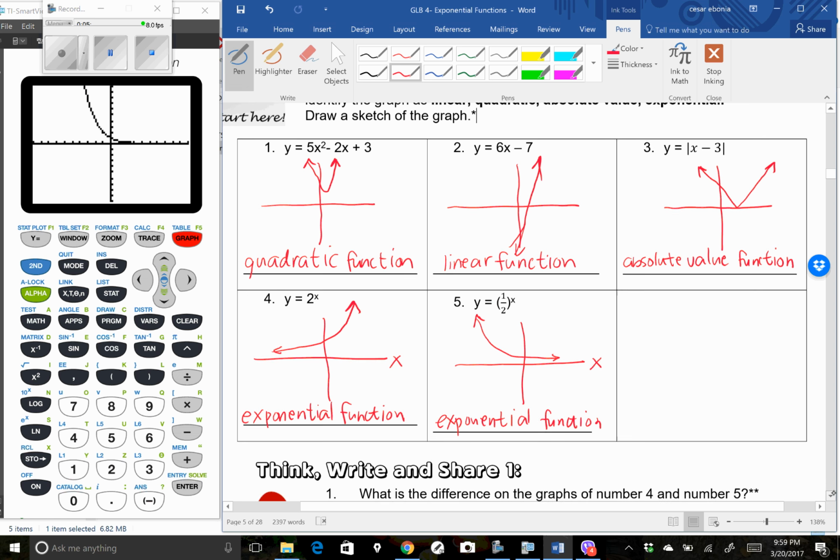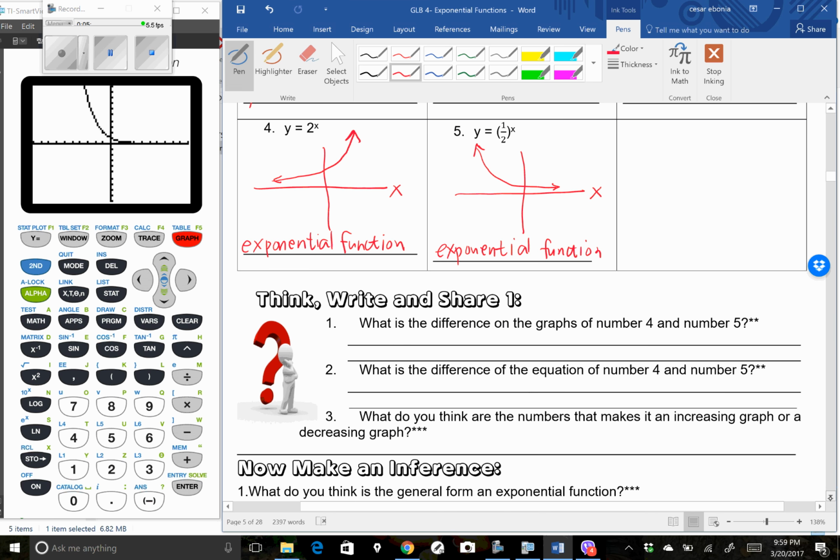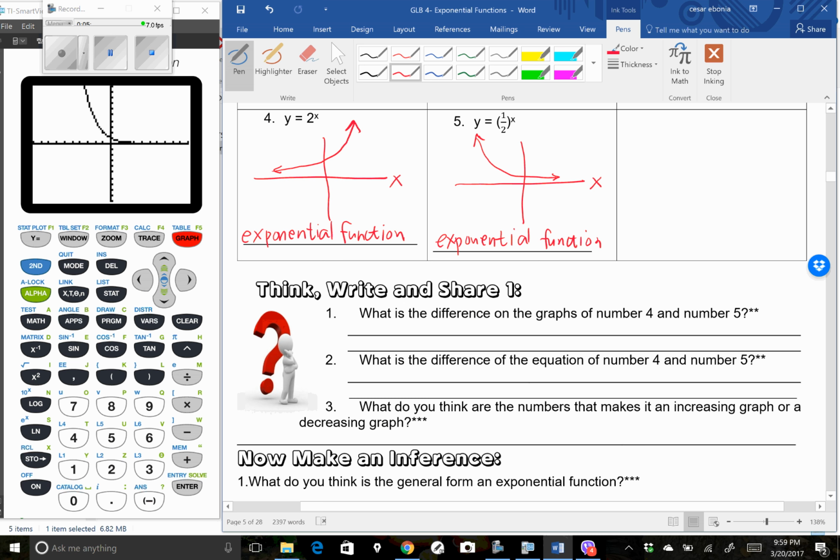So this time, let's answer now the think, write, and share one. The first question says, what is the difference on the graphs of number 4 and number 5? So we are looking at just number 4 and number 5. And the keyword here is difference on the graphs. When I trace the first graph from left to right, this one is an increasing function.